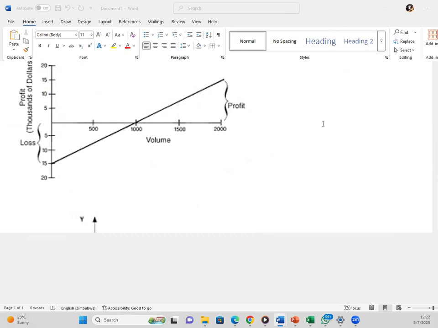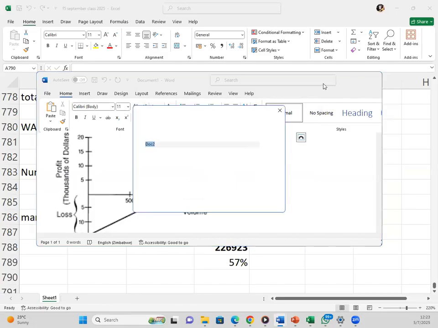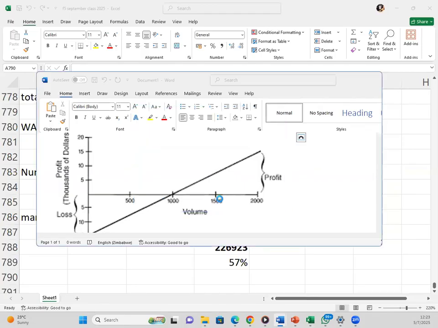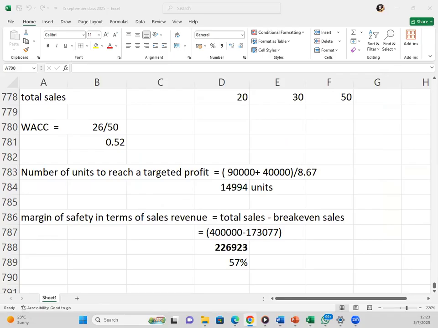Sorry, it's failing to show there. Okay, so with the break-even chart, the one that I had downloaded is failing to open.